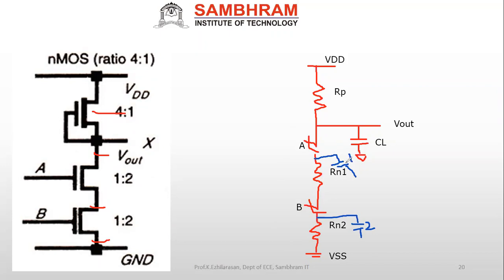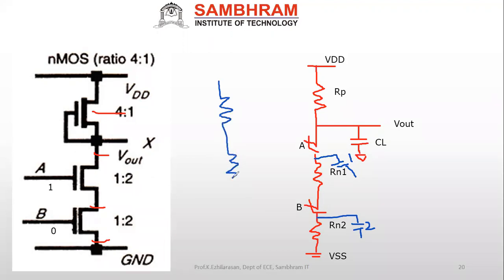Example, if it is low, what will happen? The same diagram. This is the open switch. Example, if I apply the input A is equal to 1, B is equal to 0, your diagram will become like what? Your pull-up transistor is this, then pull-down transistor will be this because on, right?